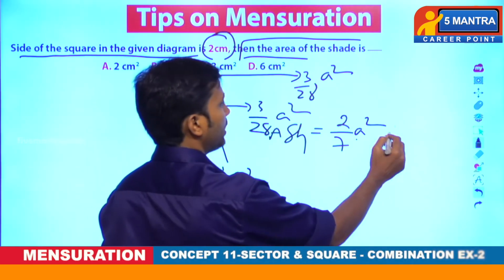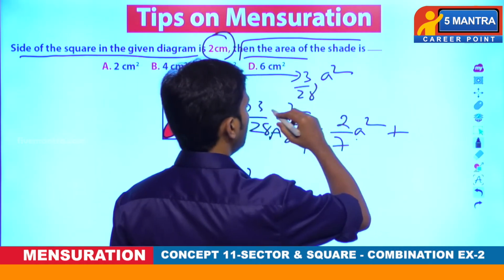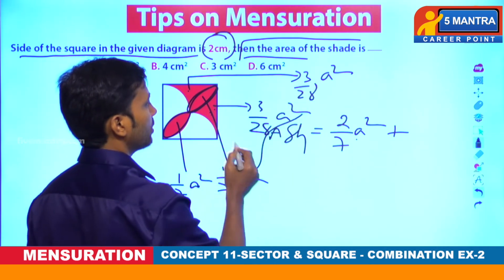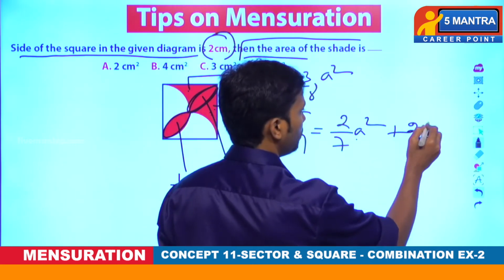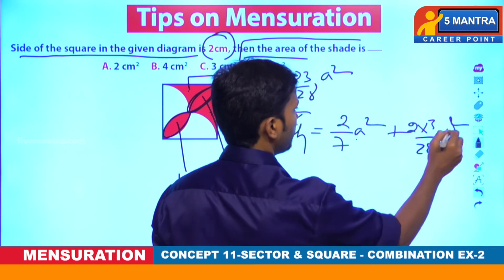And here 3 by 28 a square also came 2 times. So this is 3 by 28 a square, 3 by 28 a square, that would be 2 into 3 by 28 a square.